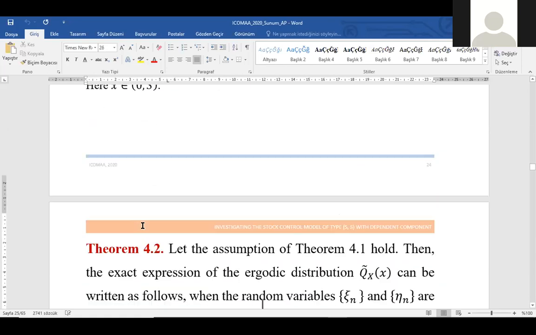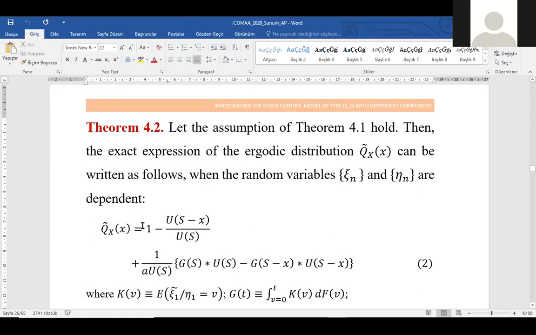After this, we give our main results. This is Theorem 4.2, about when the random variables x and eta are independent, then the ergodic distribution of process xt is as follows.